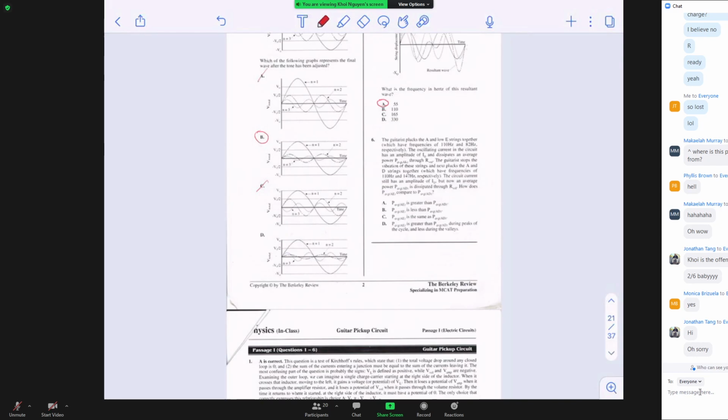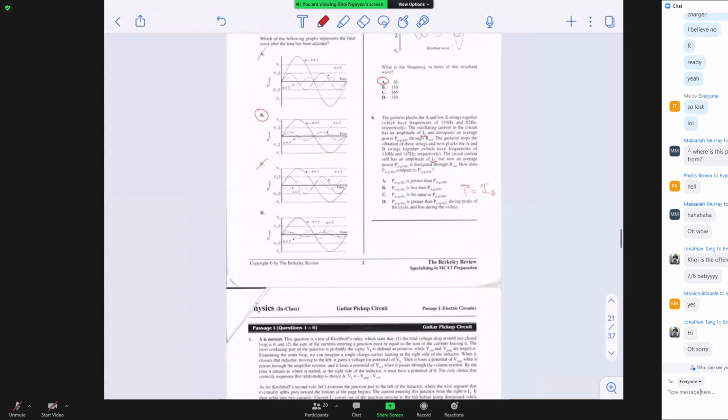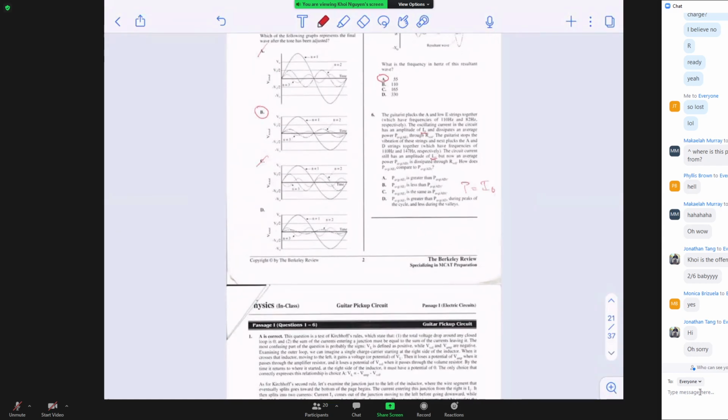So how does P average AE compare to the power average of AD? Isn't the power just the current? And they told you that current is the same here and here, I naught. And then the voltage is the voltage across the volume, right?